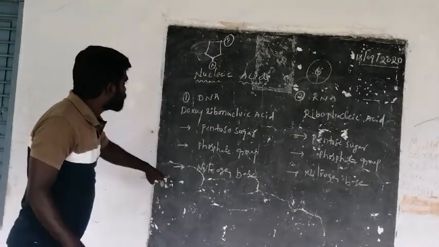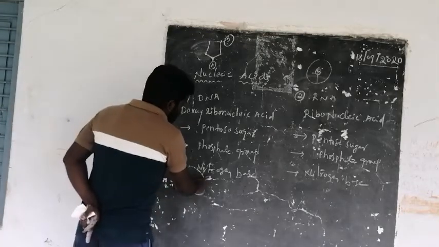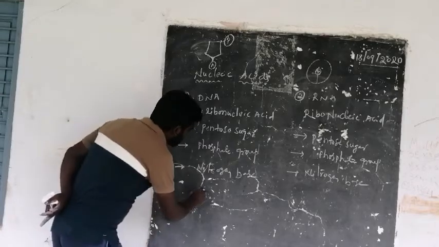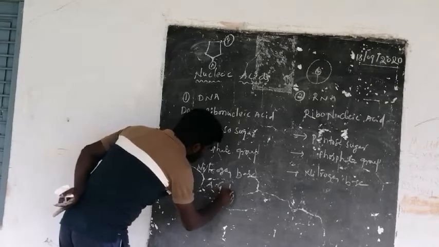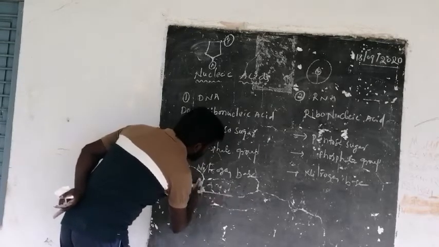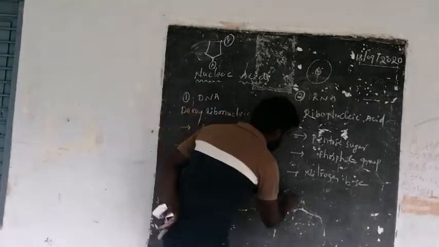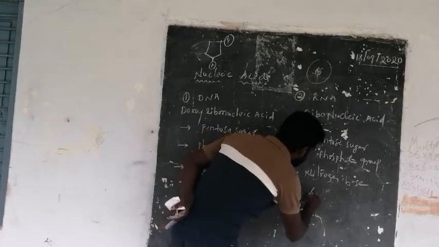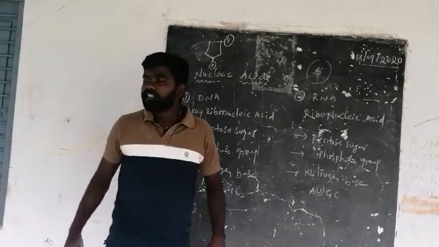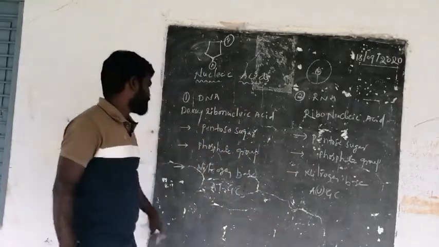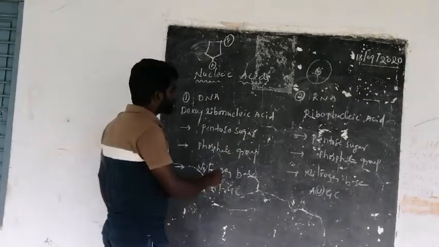The nitrogen bases in DNA are of different types: adenine, guanine, thymine, cytosine, that is A, T, G, C. In RNA, the nitrogen bases are A, U, G, C. Here, thymine is not present in the RNA. In the place of thymine, uracil is present in the RNA. That is the difference.